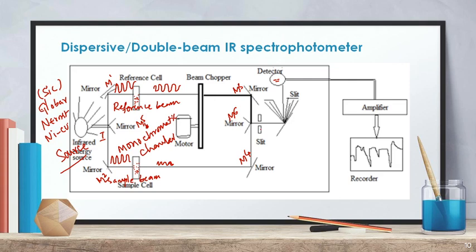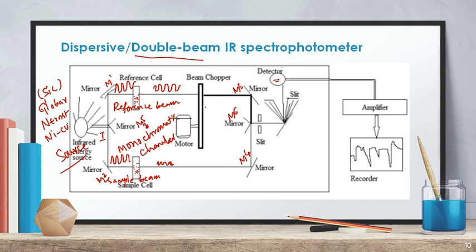It is known as the dispersive or double beam IR spectrophotometer. Why are we using double beam here? Because the beam is chopped and dispersed into two different beams: one is the reference beam and the other is the sample beam.